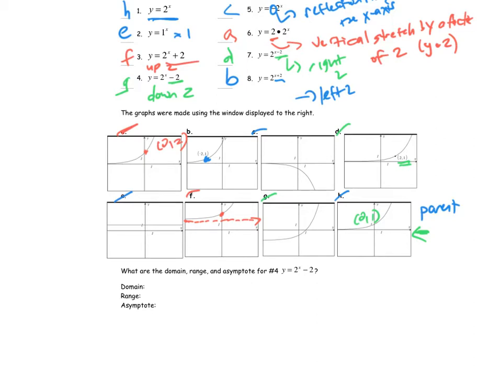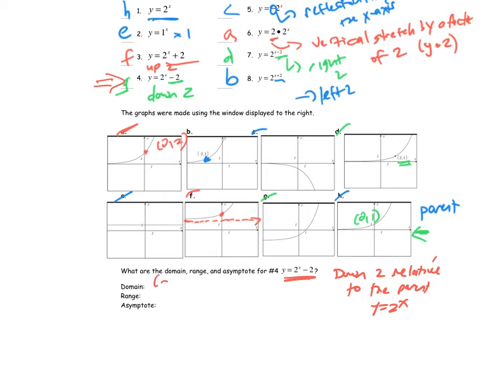Okay, beneath the graphs, we have one more question, and that's to think about the graph of y equals 2 to the x minus 2, which is actually the graph that we made in number 4 up above. And if we think about this graph, this is shifted down 2 relative to the parent, which is y is 2 to the x. So if we shift the graph down 2, it does nothing to the domain.